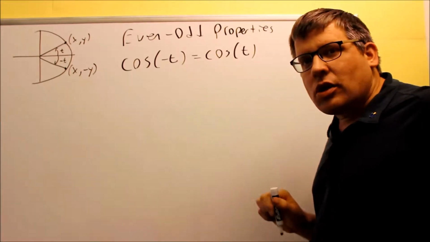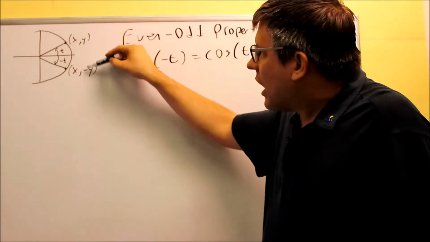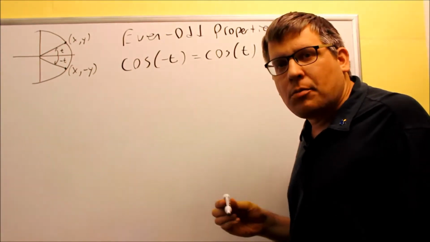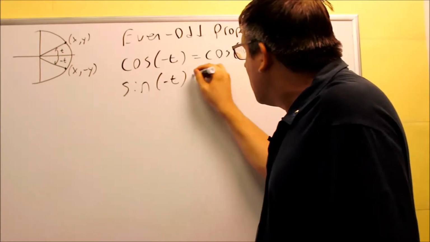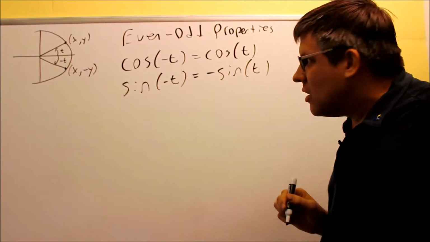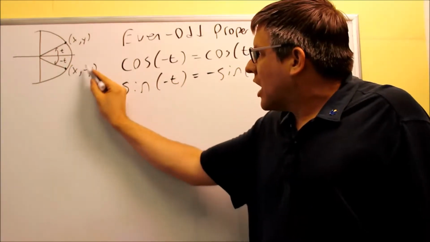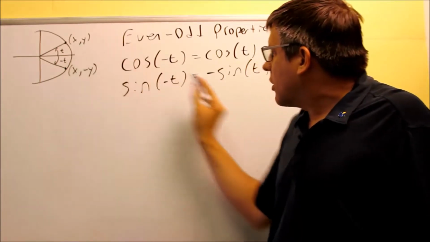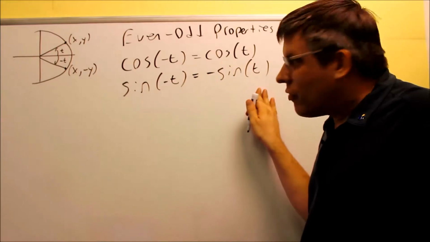Now let's take a look at sine. Sine would be the y value, and I notice that the y values differ by a minus sign. So if I write sine of negative t, that's the same thing as negative sine t. Again, the y value down here would be the same as the y value here, except I'm adding a negative sign to it. So that's another property that we have.